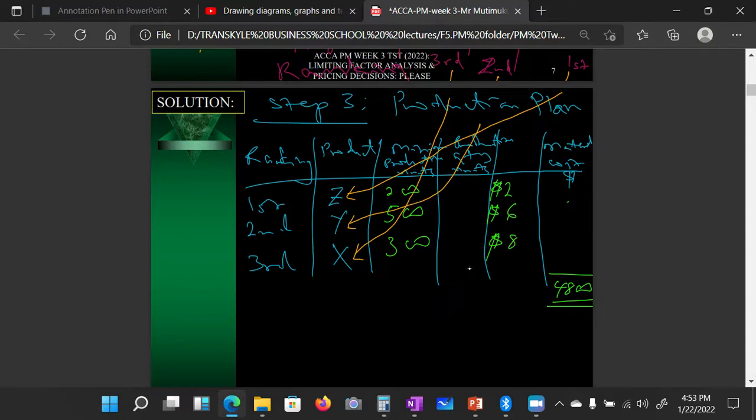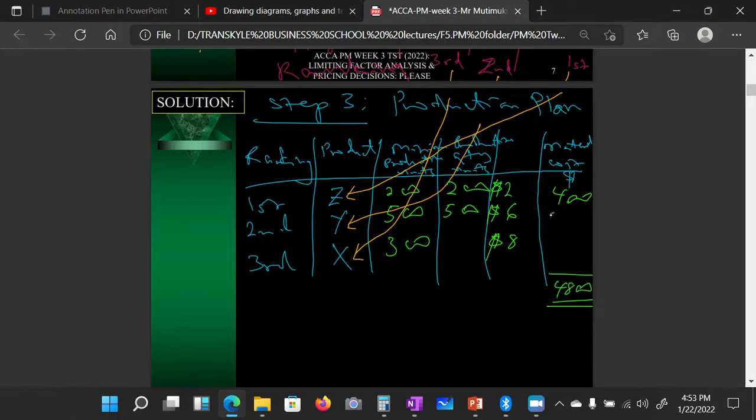Okay. So since Z is giving us the most favorable contribution, we need to take all of Z, produce all of Z at $2. That's $400. Then we have to produce the second best, 500 units of Y, multiplied by $6 per unit.